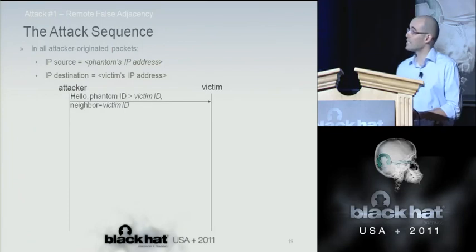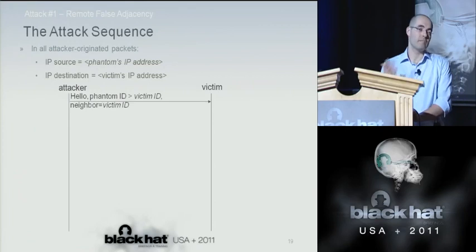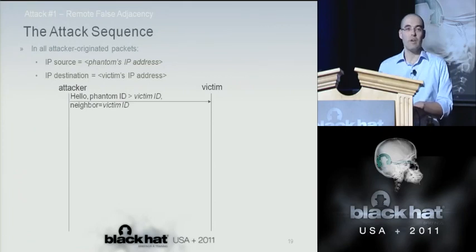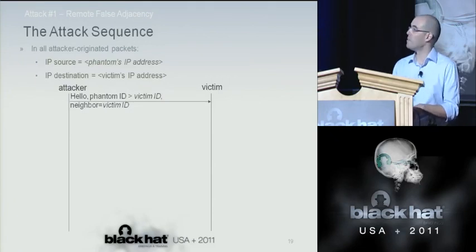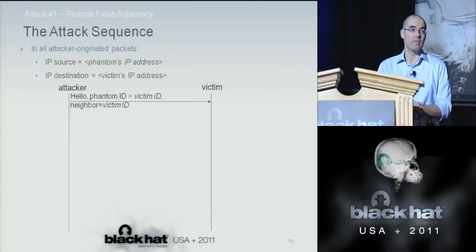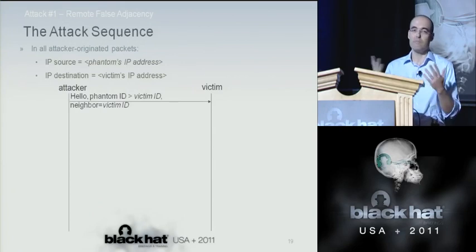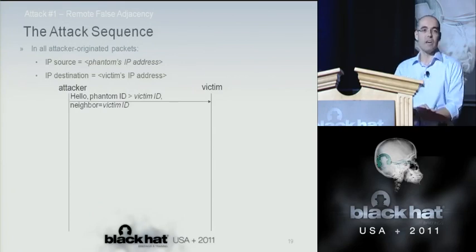The first packet is a hello message, in which the attacker identifies himself as the phantom router. He wants to make sure that the ID of the phantom router is larger than the ID of the victim, so he just arbitrarily chooses a larger identity.